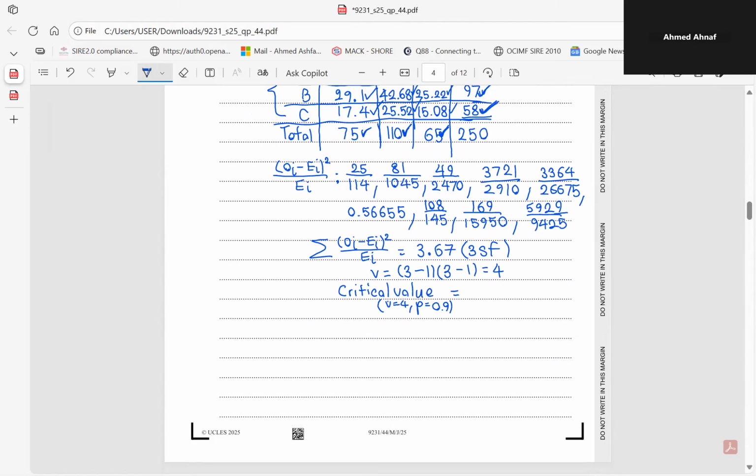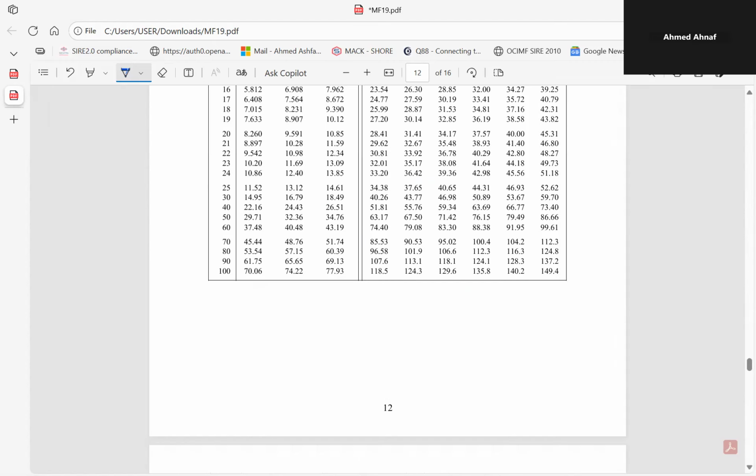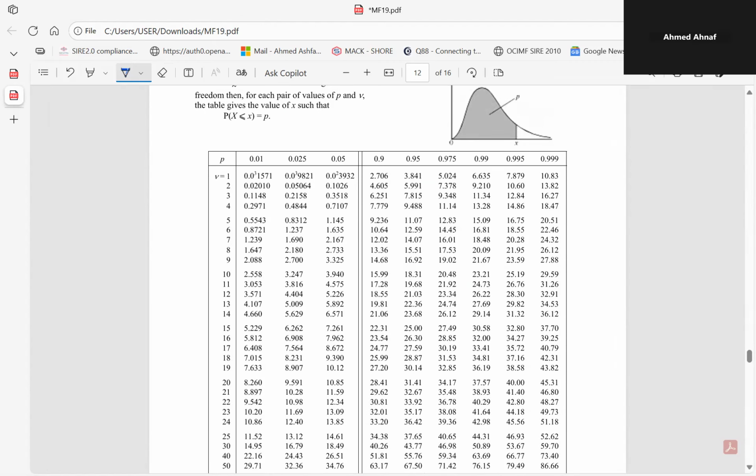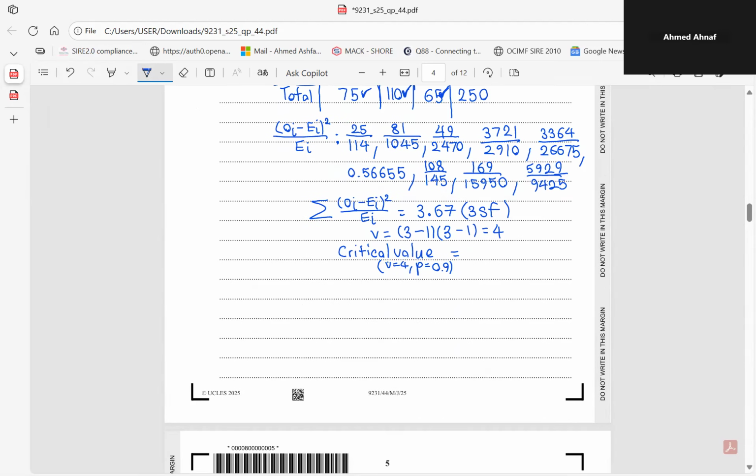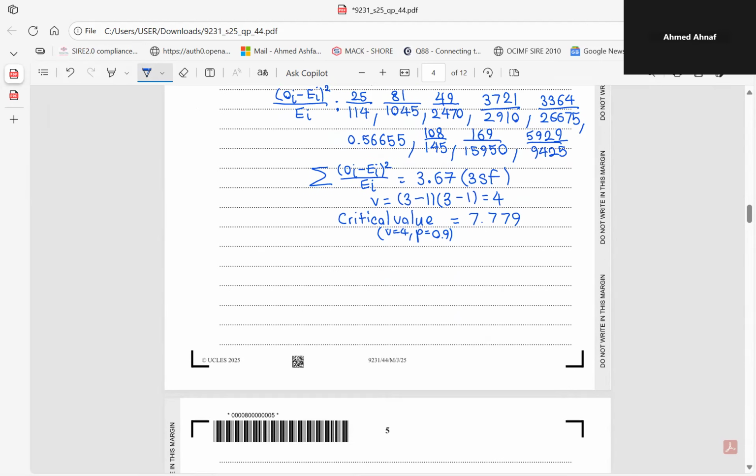So 4 and 0.9, okay, 7.779. As you can see, our test statistic is less than the critical value.